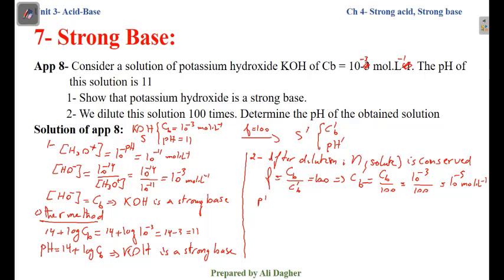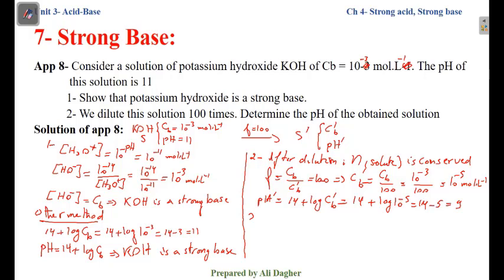Then pH' equals 14 plus log C'b, equals 14 plus log 10^-5, equals 14 minus 5, equals 9. It decreases from 11 to 9, it decreases 2 units upon dilution 100 times.